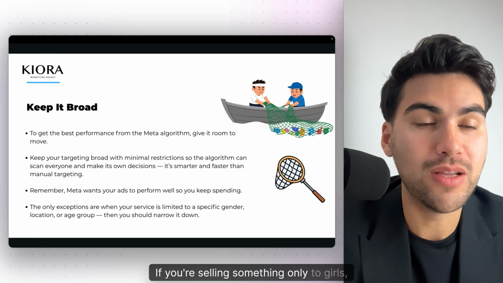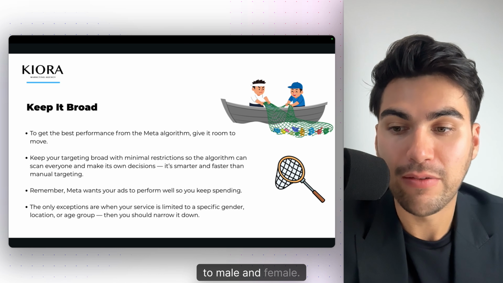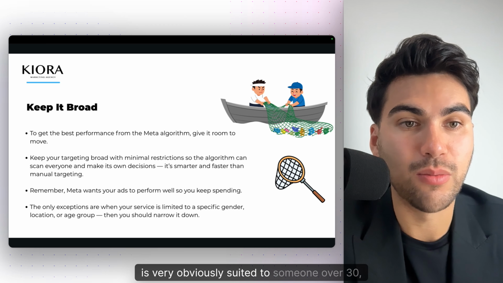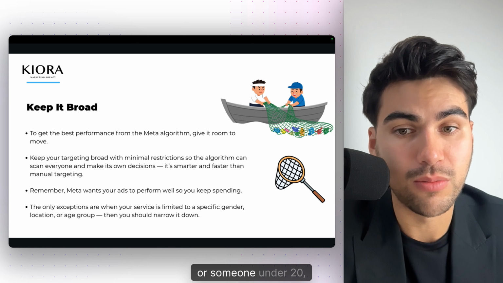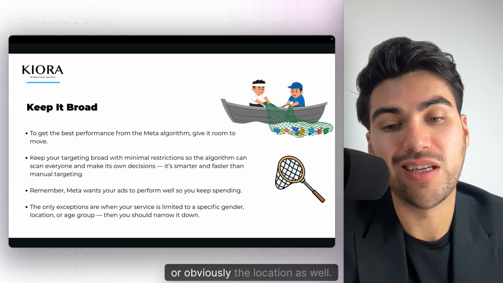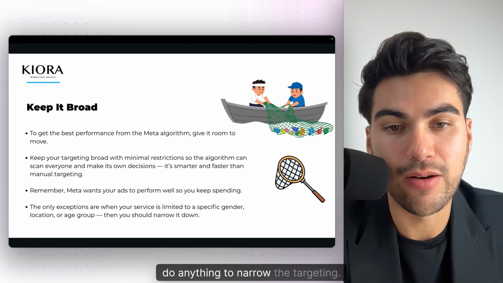If you're selling something only to girls, yes, it makes no sense to run the ad campaign to male and female. Or if your product is very obviously suited to someone over 30, 40, or someone under 20, you can change the age groups there, or obviously the location as well. That would be the only times that you would do anything to narrow the targeting.